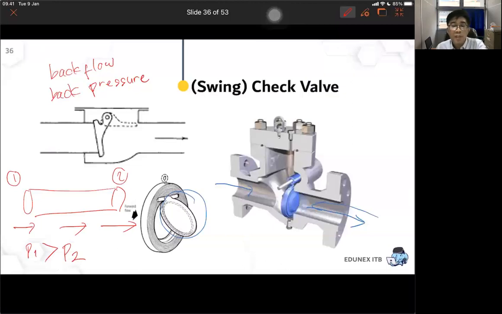But sometimes when there are problems with the process, the pressure at point two will be higher than at point one, maybe because of a malfunction of the reactor or of the release valve or something like that. So there will be backflow. If we do not want backflow to happen, then we install a check valve. Because sometimes it's dangerous for the process if there is backflow or back pressure.